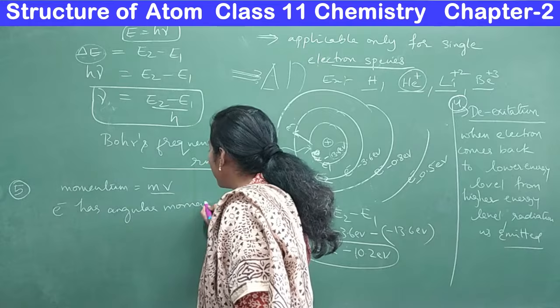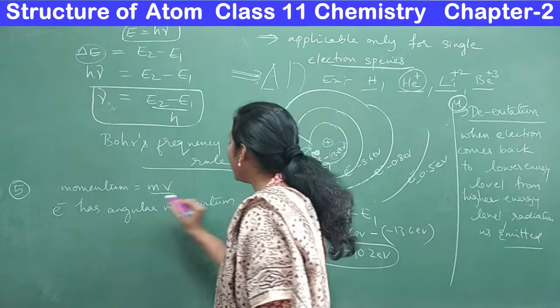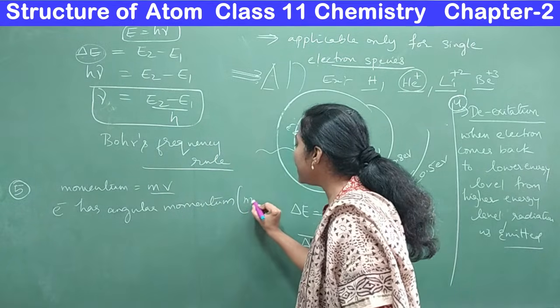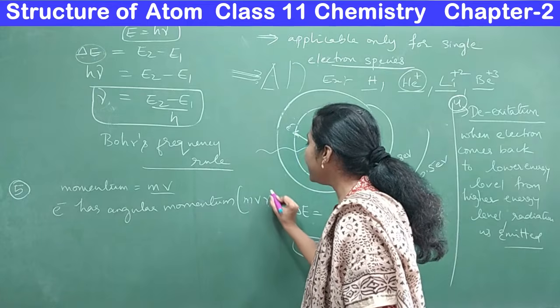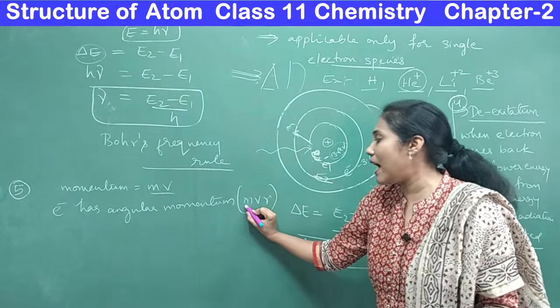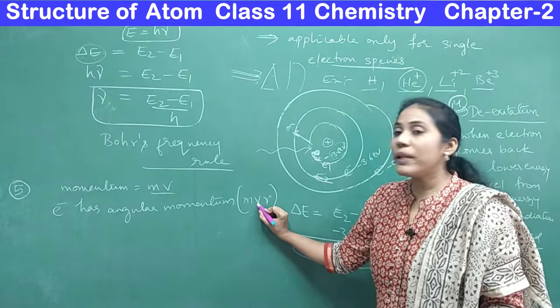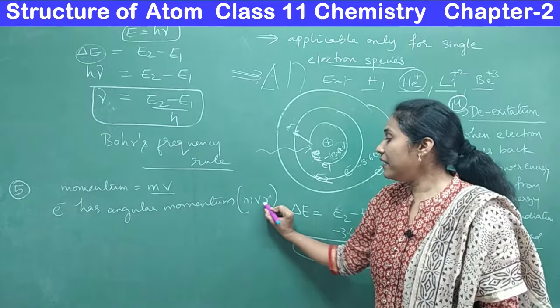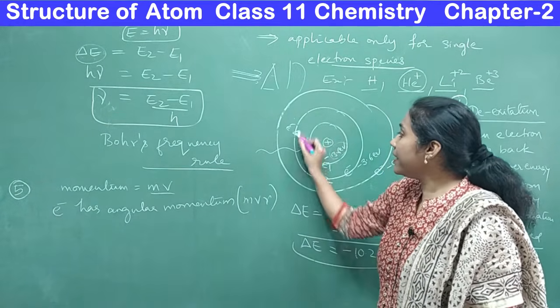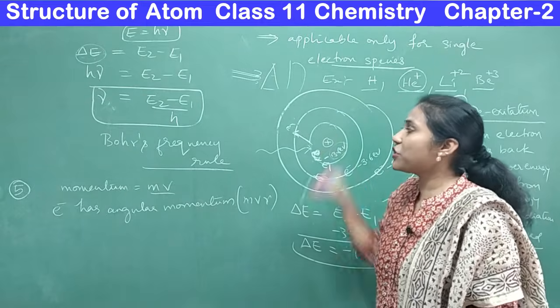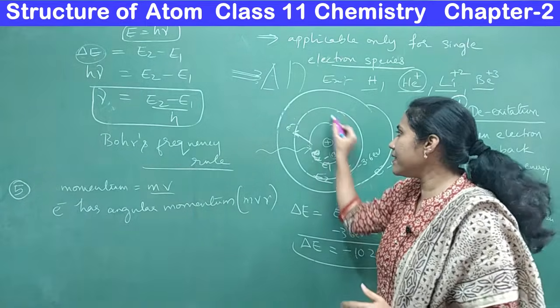The formula for angular momentum is m into v into r. M is the mass of an electron, v is the velocity of the electron, and r is the radius of the shell in which the electron is moving. The shell is circular.